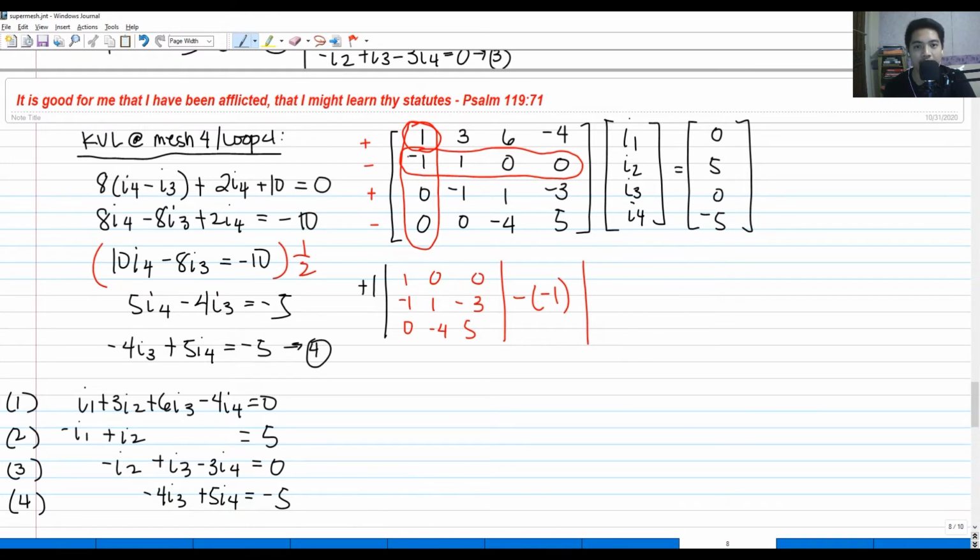So we have row 2, column 1, and then from the remaining elements we get the determinant: 3, 6, negative 4, then negative 1, 1, negative 3, and 0, negative 4, 5. Again, plus 0 and the determinant of the remaining.